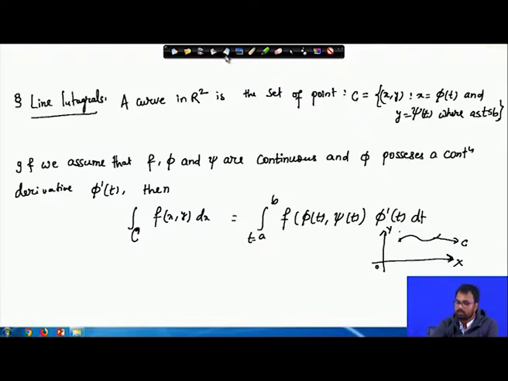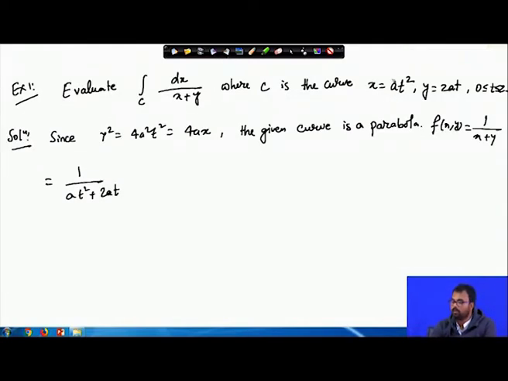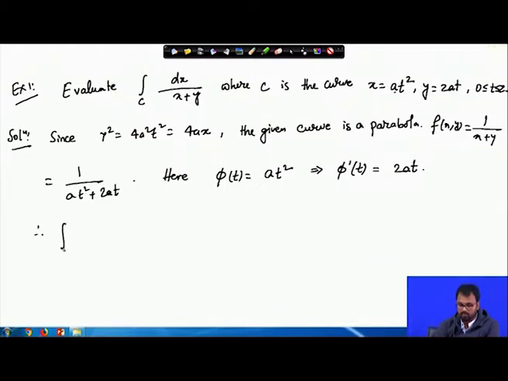In this sense our phi t is basically at square and psi t is 2at. So that's phi t and psi t, the two functions. Here phi t is at square, so from here we will have phi dash t equal to 2at.